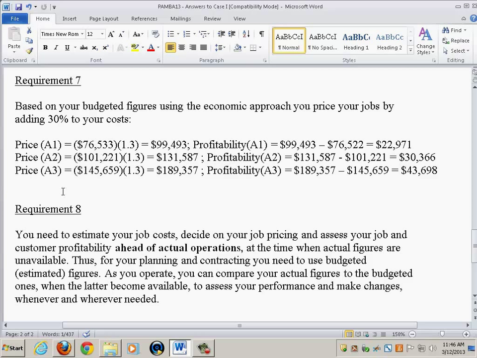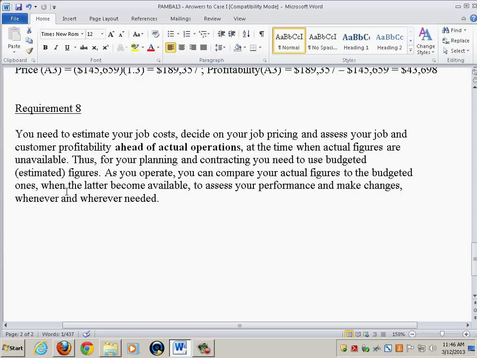Assignment, requirement A asks why do you need the estimates, so many estimates? Why don't you just wait and use the actual costs and the actual revenues when they become available? And the answer is very simple, as we'll see time and time again. You have to plan.